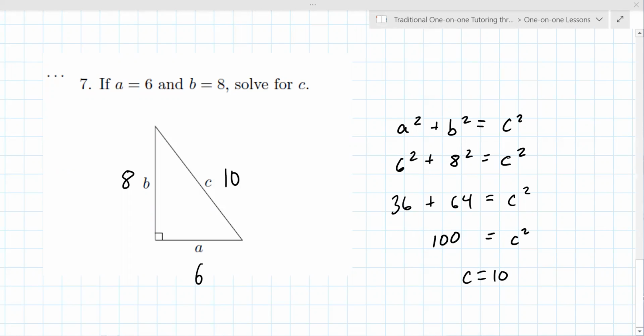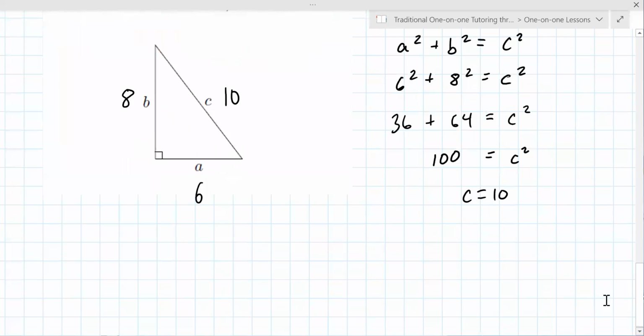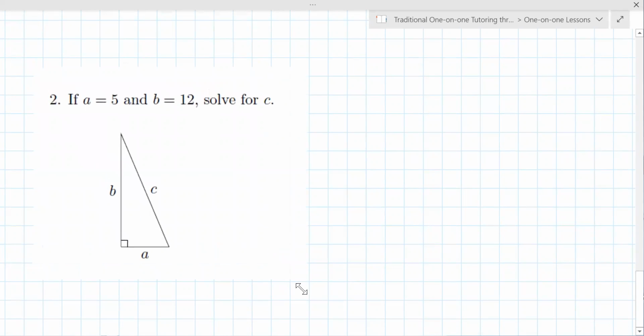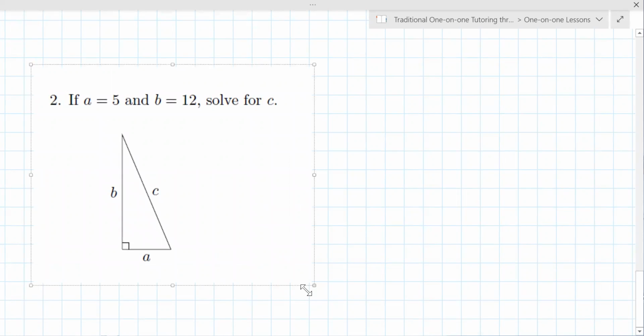All right, let's look at another problem here. This time it says if A equals 5 and B equals 12, solve for C. A is 5, B is 12.